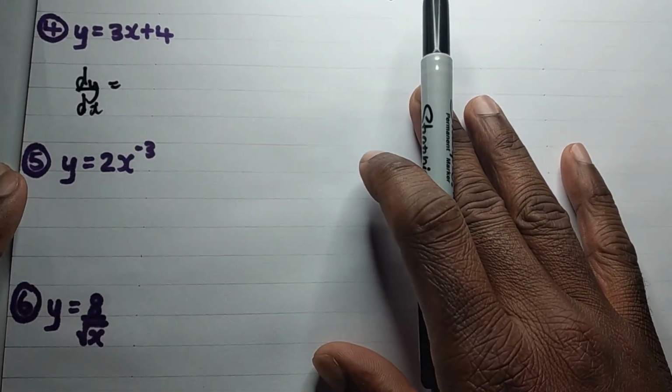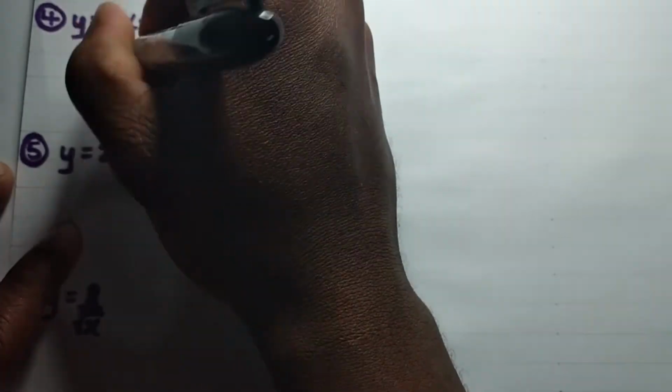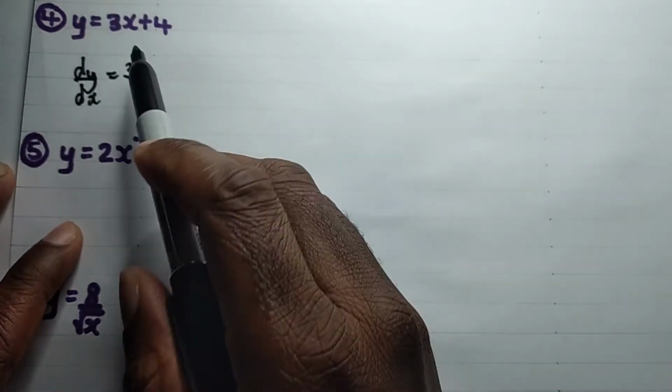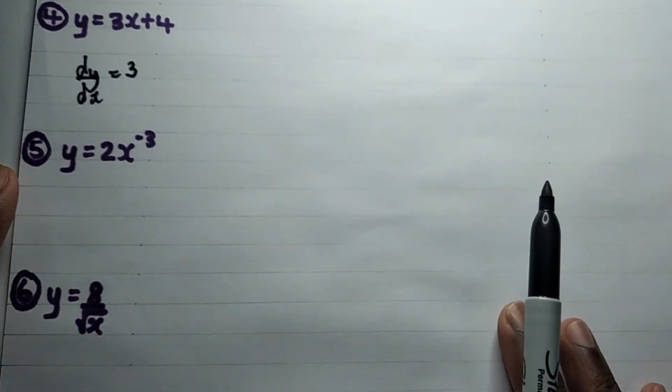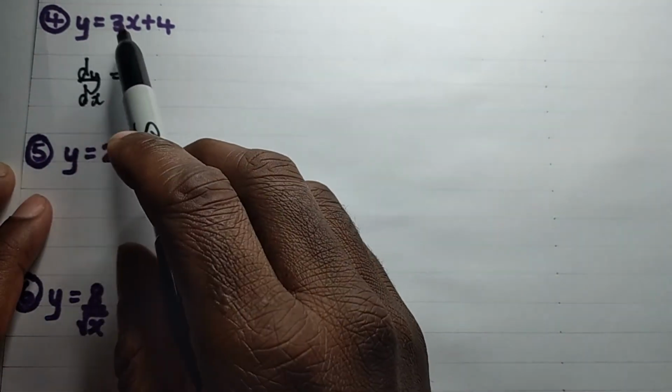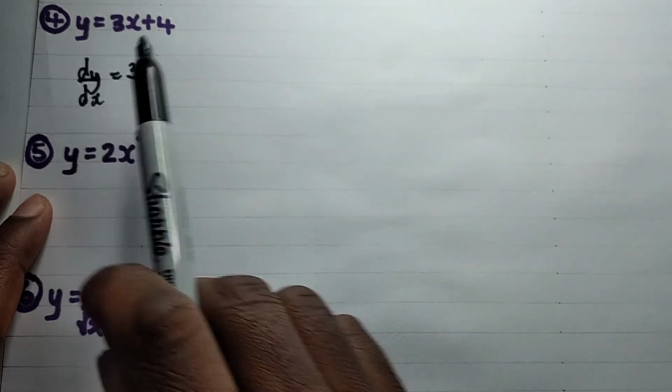Once we differentiate this x term, we'll only be left with 3. And remember, once we differentiate any constant, the result is always 0. So the derivative of 3x plus 4 gives us 3.